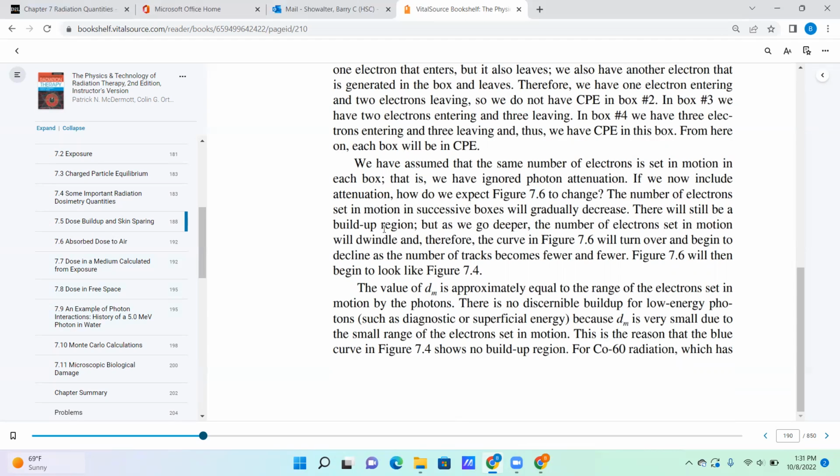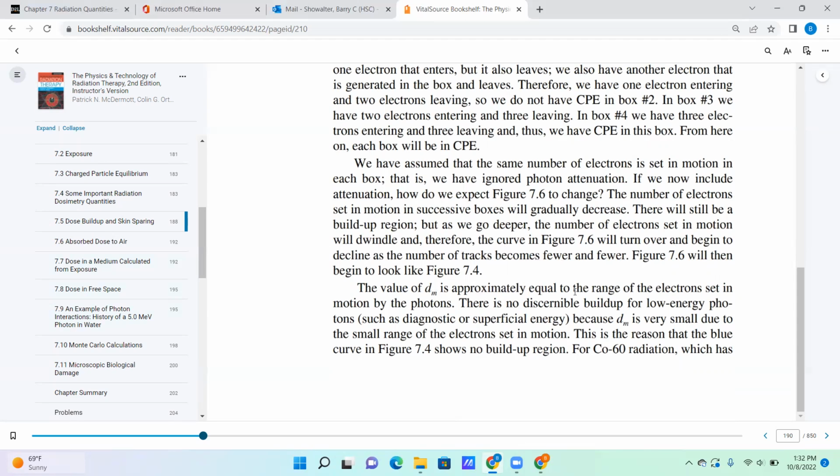In other words, there is still a buildup region, but as you go deeper, the number of electrons set in motion will start to dwindle because you don't have as many photons available to cause that same deposit of energy within an electron to start moving.